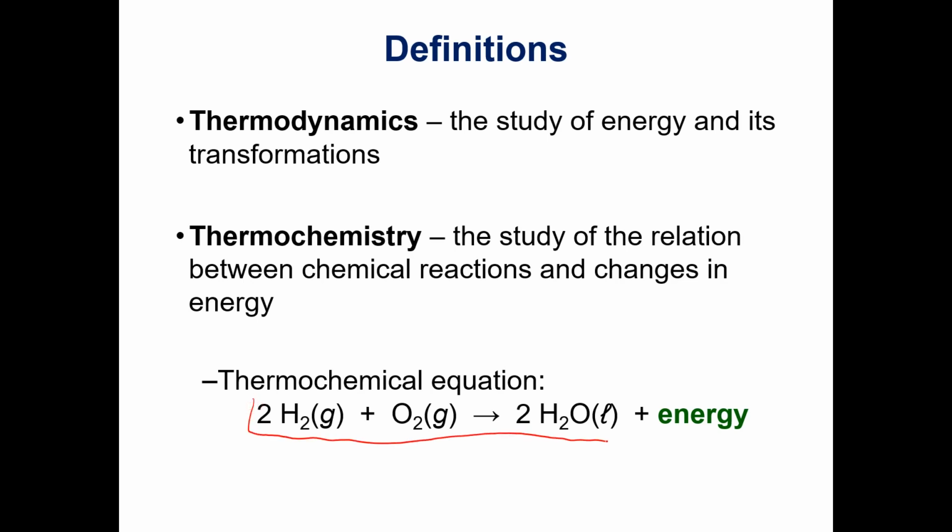We've looked at this equation several times, where we have two hydrogen molecules react with one oxygen molecule to give us 2 molecules of water. But in thermochemistry, we also look at the energy change that occurs during this process. And in this case, energy is released, so we think of it as being one of the products.